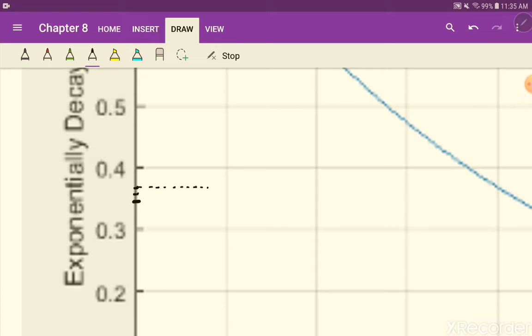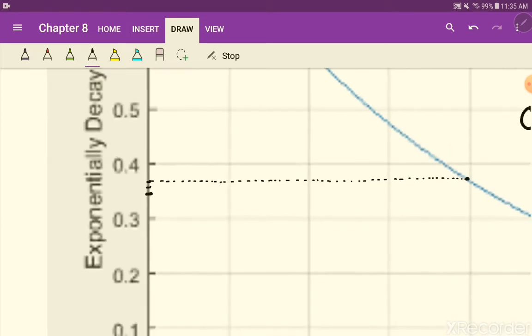I need a ruler. Okay, around there. It looks to be, I think the line kind of went up a little bit.